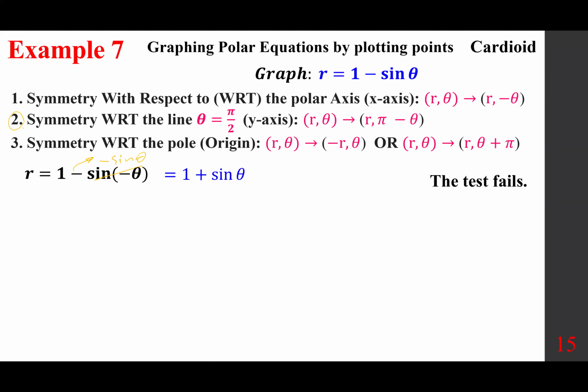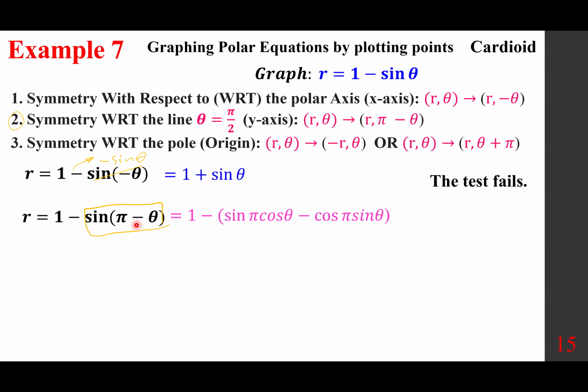Now we are going to go with the second case, and we are going to check with pi minus theta. That means we're going to replace theta with pi minus theta. We expand this one as sine alpha cosine beta minus cosine alpha sine beta: sine pi cosine theta minus cosine pi sine theta.